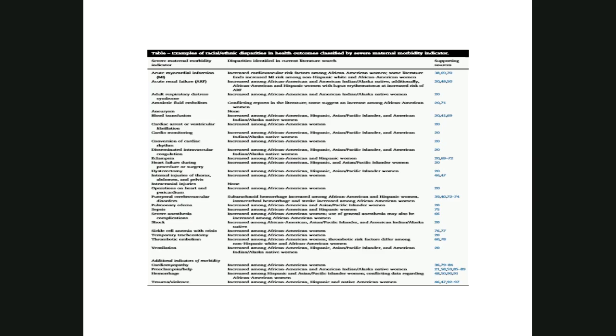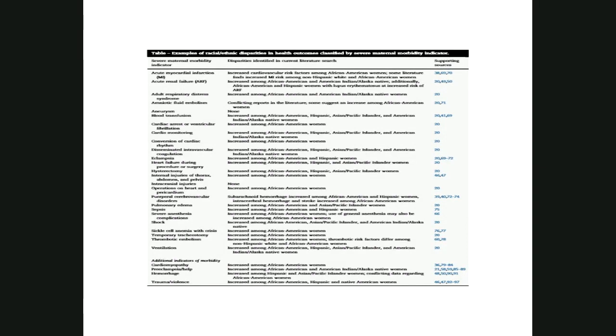This is a very busy slide. I'm not expecting you to read it, but one study performed a literature review and identified all of the studies that evaluated racial and ethnic disparities in health outcomes and recognized the conditions that influence maternal morbidity. They created a list of examples of disparities in health outcomes and identified severe maternal morbidity indicators.